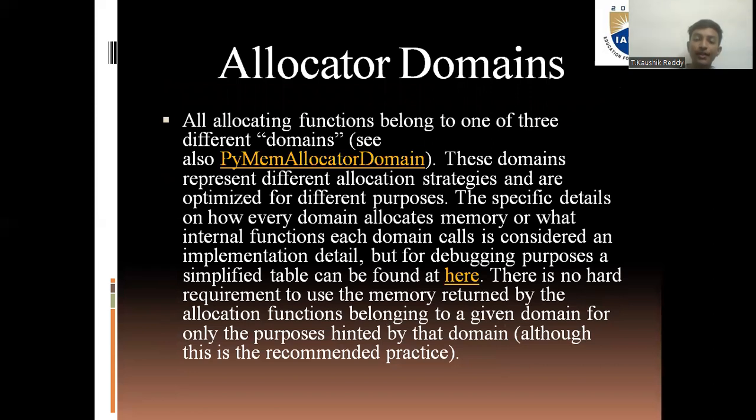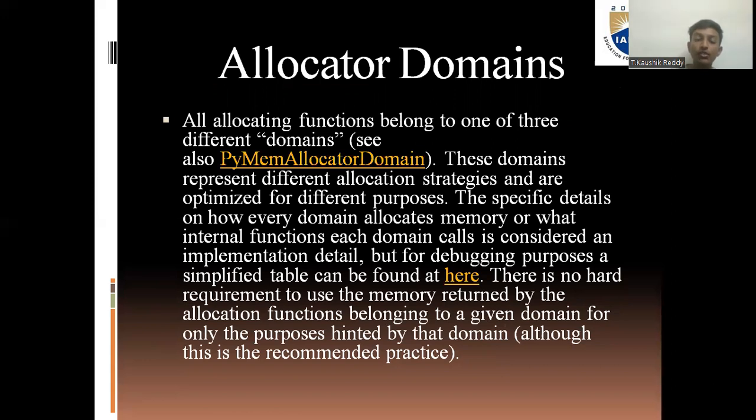Allocator domains: all allocating functions belong to one of three domains. See also the PyMem allocator domain, the Python memory allocator domain. These domains represent different allocation strategies and are optimized for different purposes.